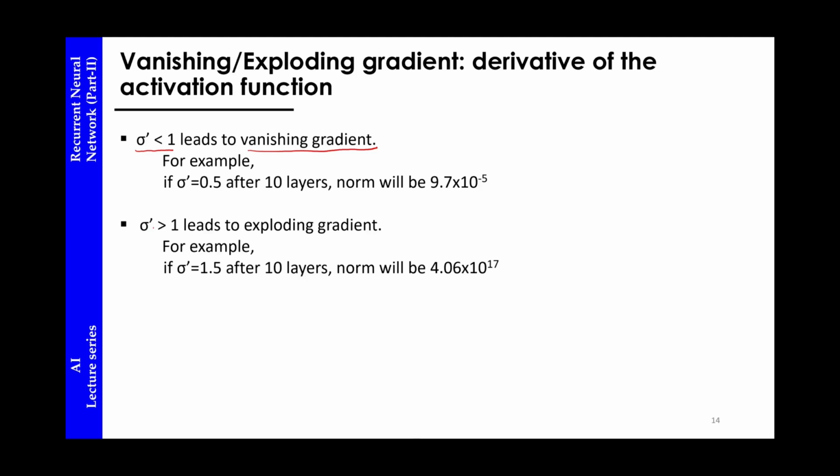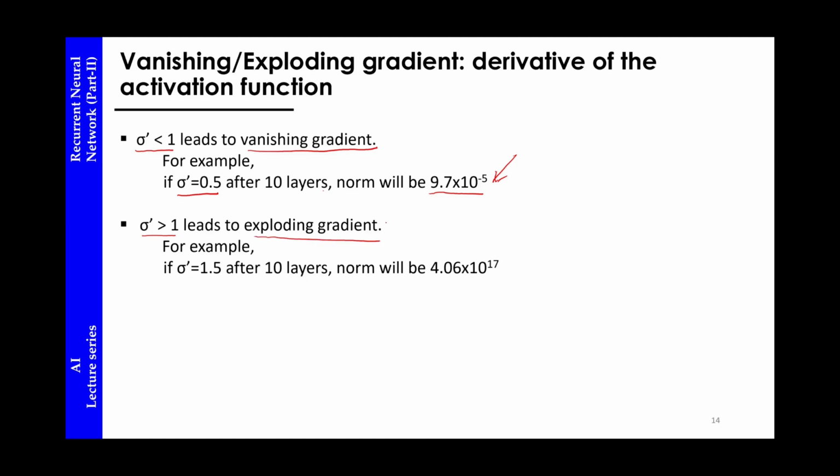An intuitive example: if we get 0.5 from the activation function within 10 layers, multiplying 0.5 by itself 10 times gives a very small value. Therefore our parameters will get very small updates, and it will slow down the learning of the network and finally stop the training.